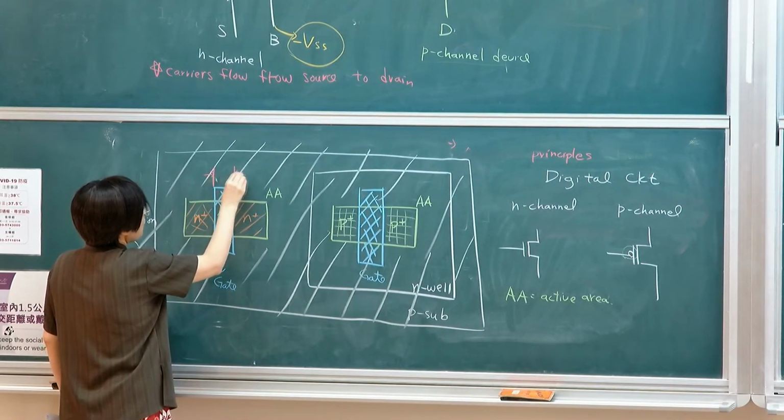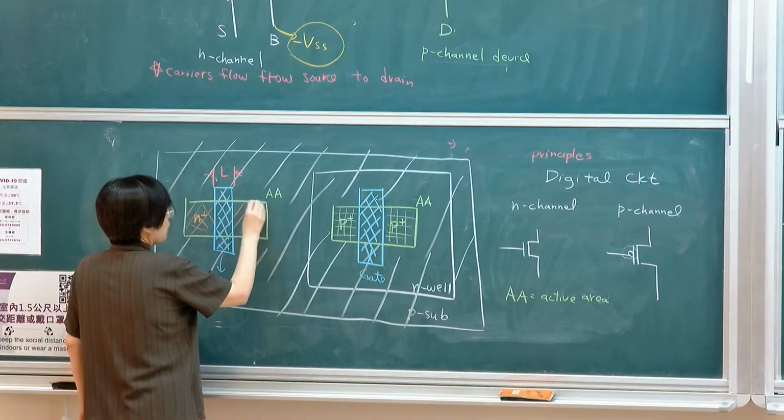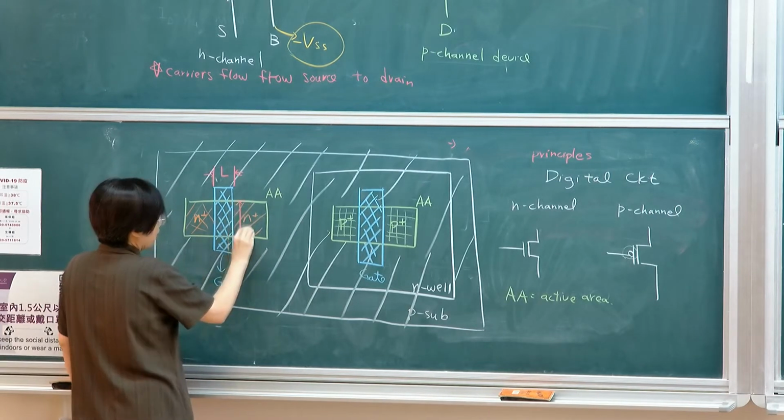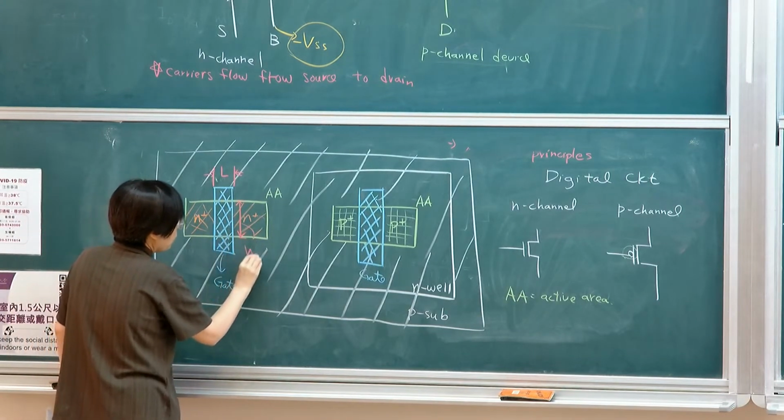The distance between the N plus is called channel length. The distance defined by the active area is called width.